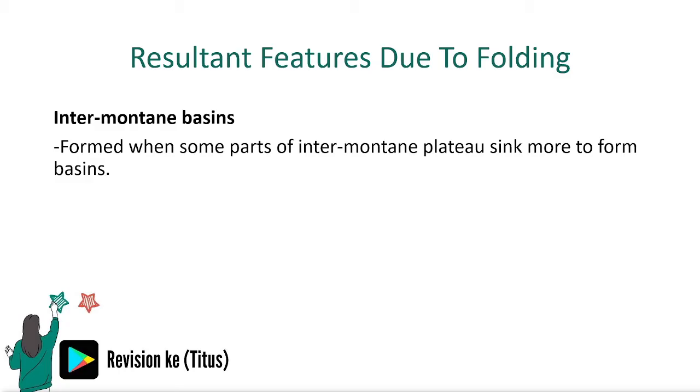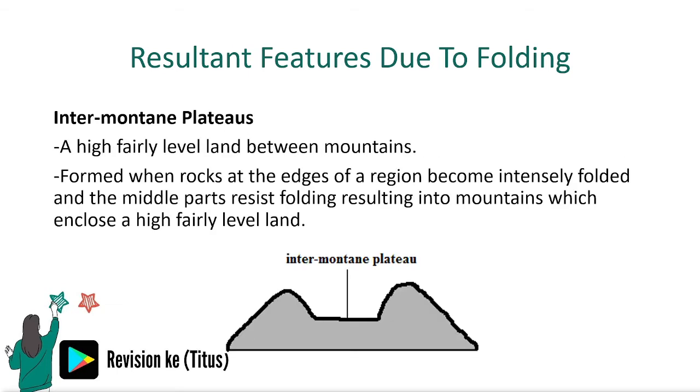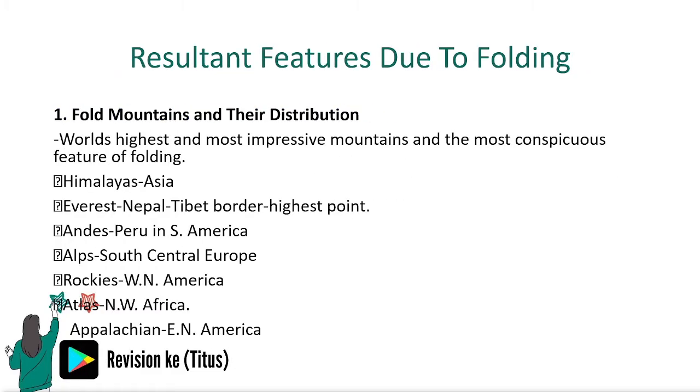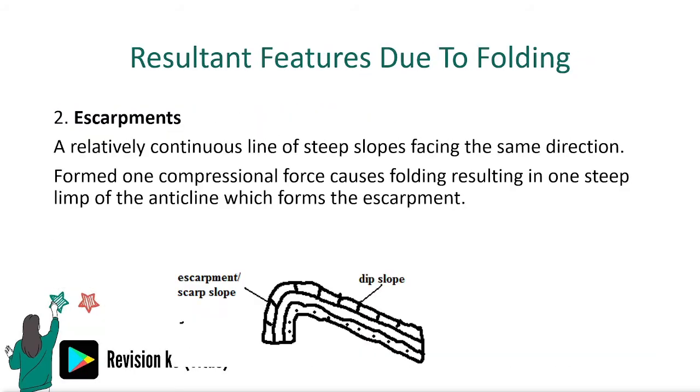You can get back and review what we just looked at. We can do that in a very short while. Just name the resultant features due to folding. We have the fold mountains, and the theories that try to explain how they came to be.